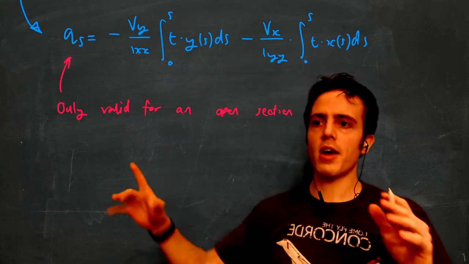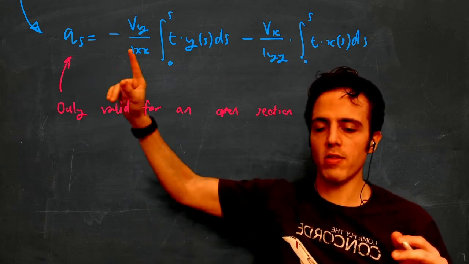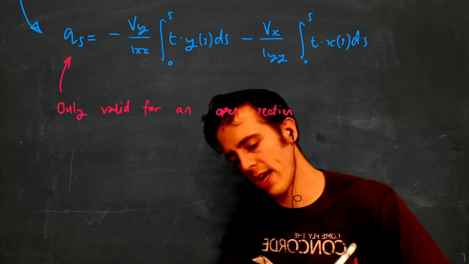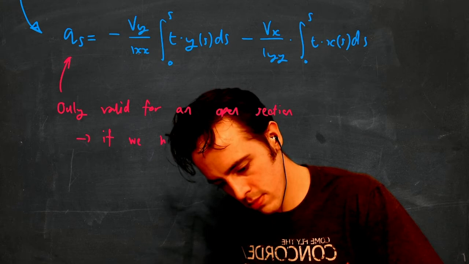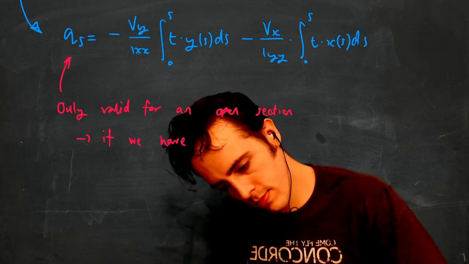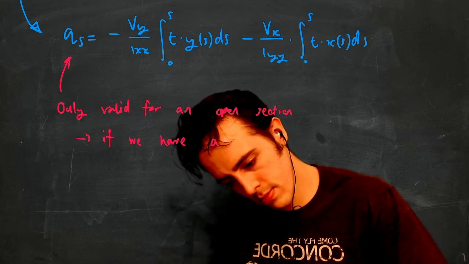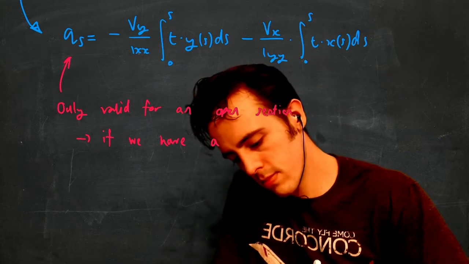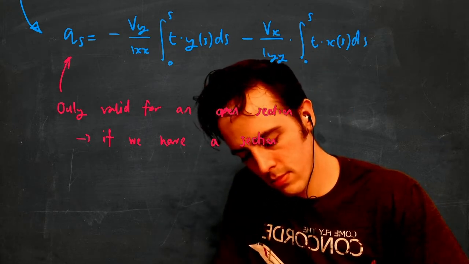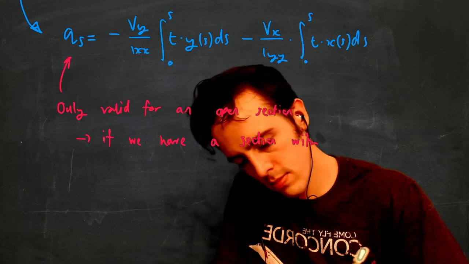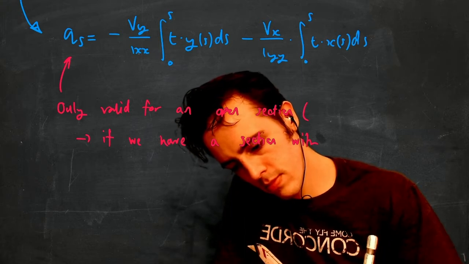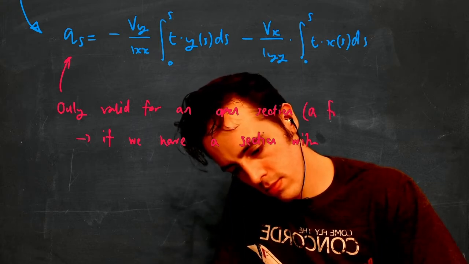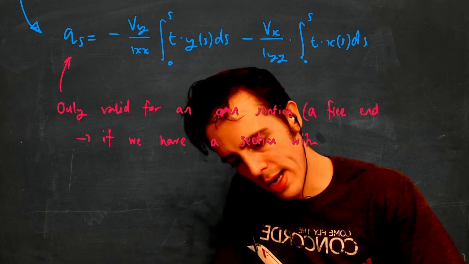If we don't have an open section, then we have an offset that we have to put in the beginning. We have a constant that we have to add to it. I'll put in here, in brackets, a free end.